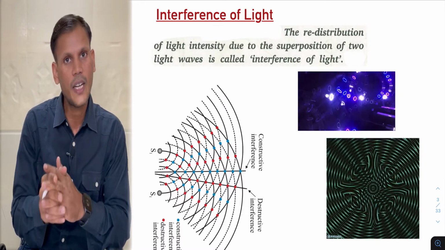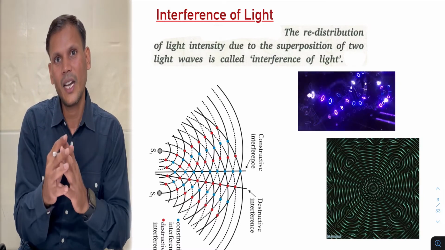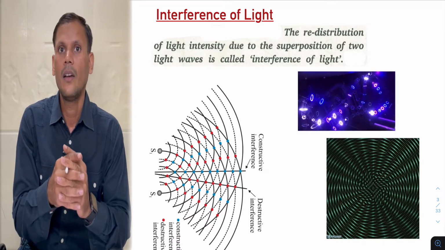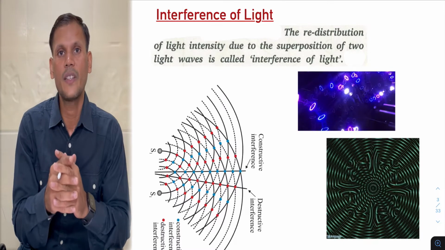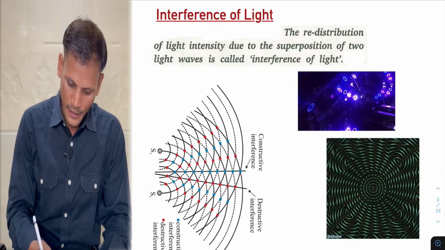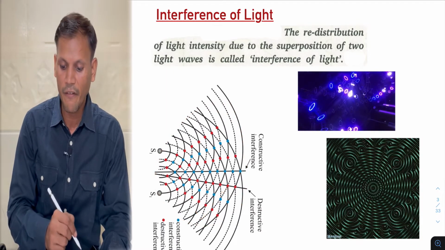And for constructive, the points at which one dark and another dark, or both dotted are meeting, that point is said to be a bright point. So these all are the patterns which are obtained by interference.